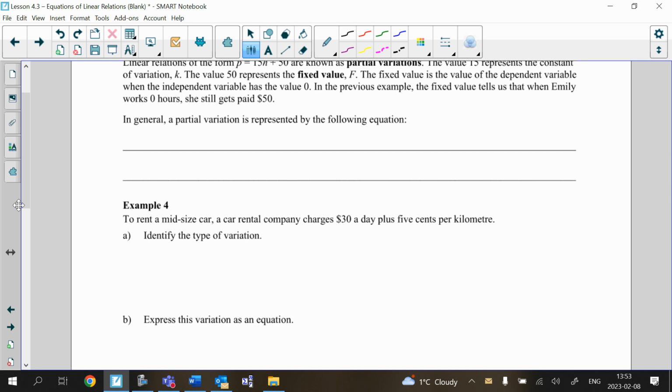So how do we recognize partial variation? It's going to look like this. Dependent equals constant of variation times independent plus some fixed value.